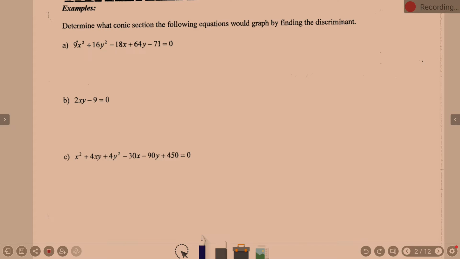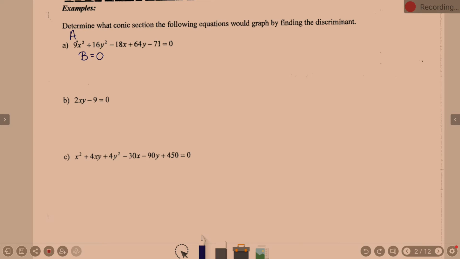A. So in this case, A is 9. What's B? We have to figure it out. It's 0. In other words, is there an xy term? No. If there is no term, then that is 0, because there's an invisible 0xy out there.